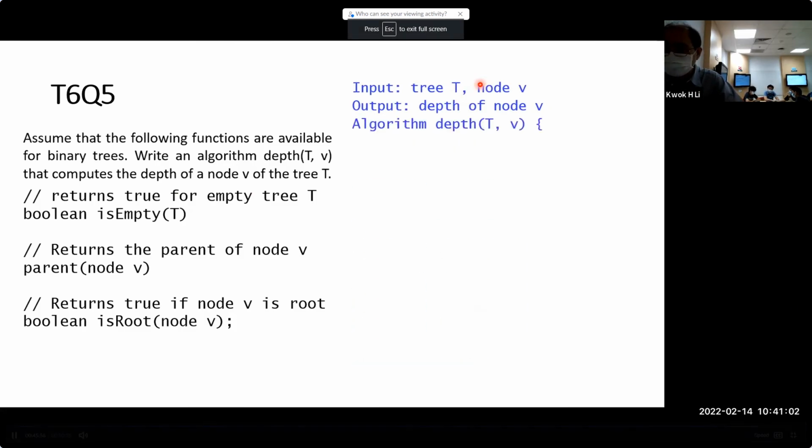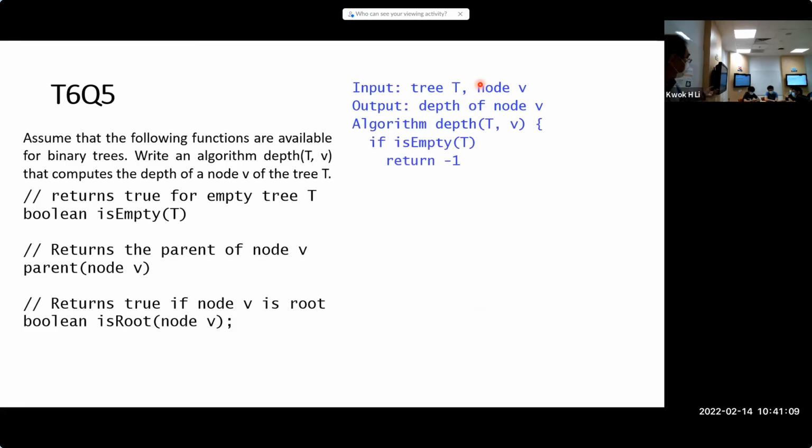So the algo is T, V, right? Those 2 parameters. If your tree is empty, what should you do? -1, right? No tree. So also 3 cases. If the tree is empty, then there's no V, so it should be -1.